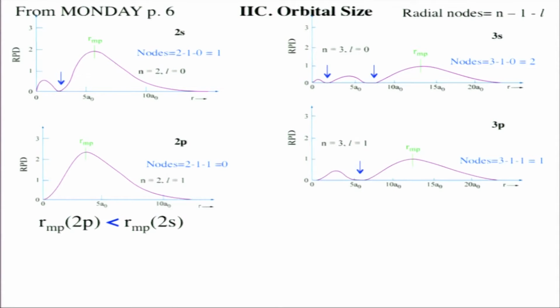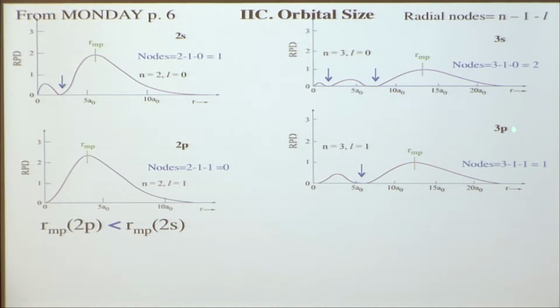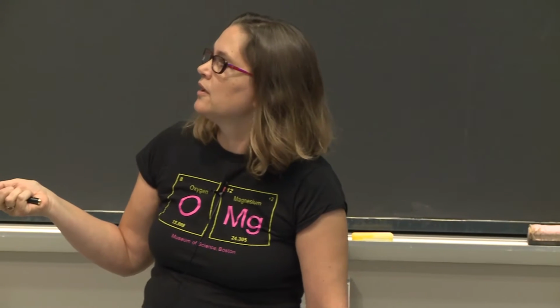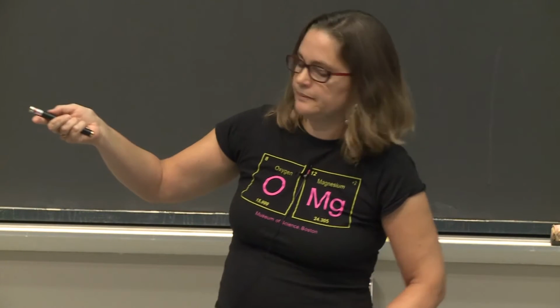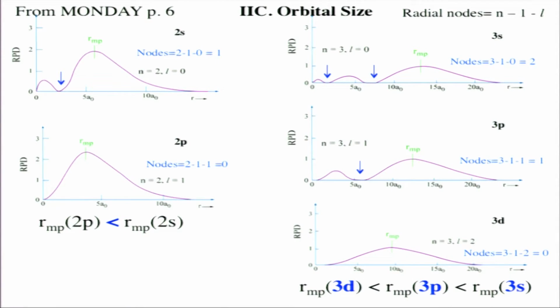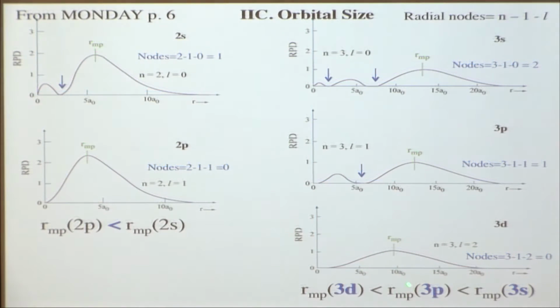And then when we go from 3s to 3p, so here we have 3 minus 1 minus L, which is 1. So we have one node. Down to 3d, 3 minus 1 minus 2, 0 nodes. And you see that there is a decrease here in the most probable radius. So, okay, interesting. All right, so 3d has the smallest, next 3p, next 3s. So there's two different trends we're seeing.